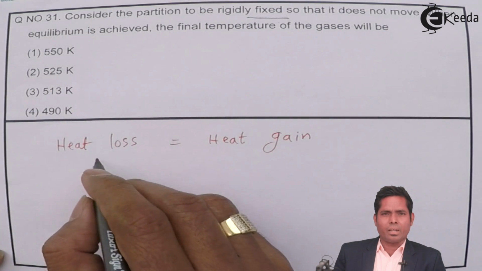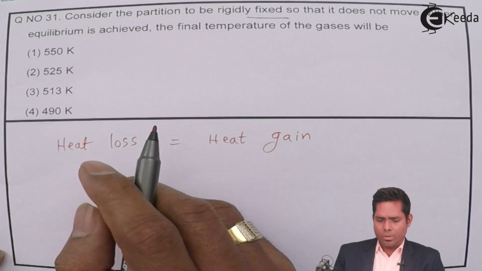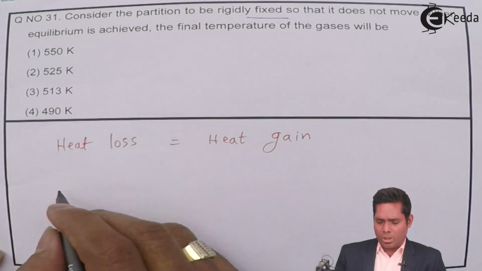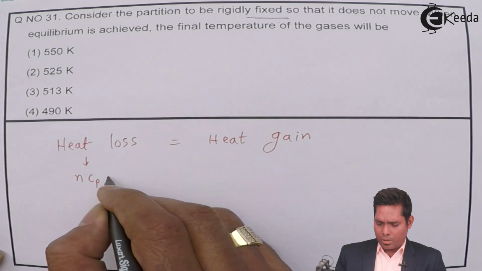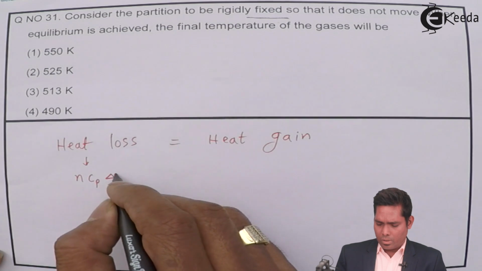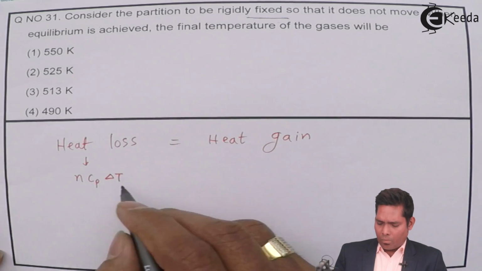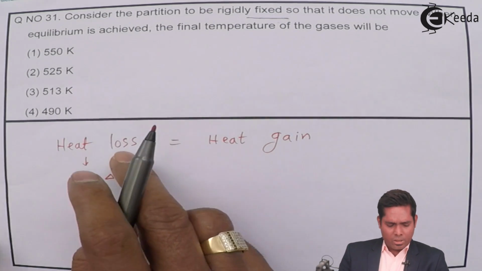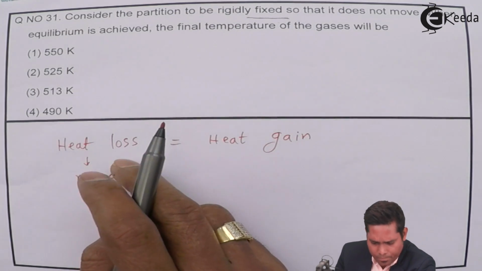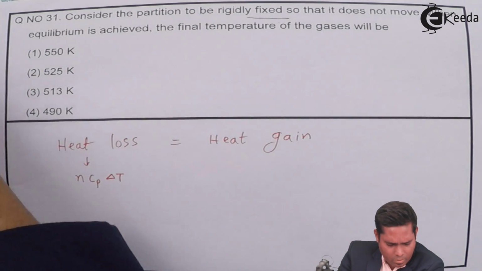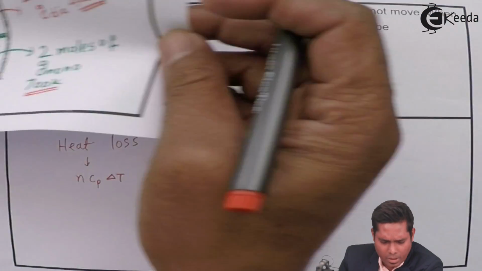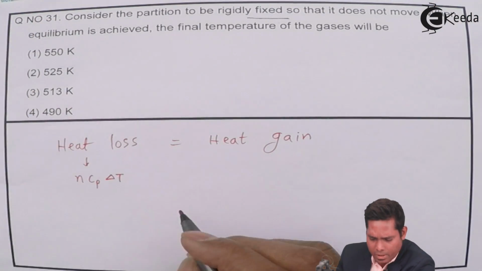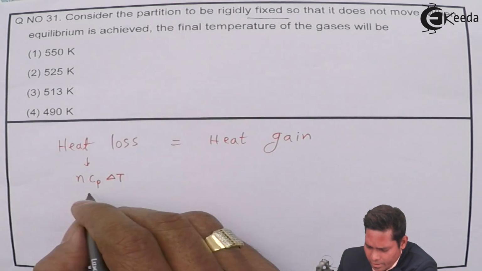This formula is nCp delta T. In this case, case 1, heat loss will be here, equal to heat gain.